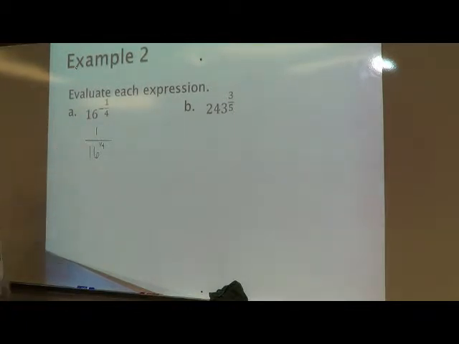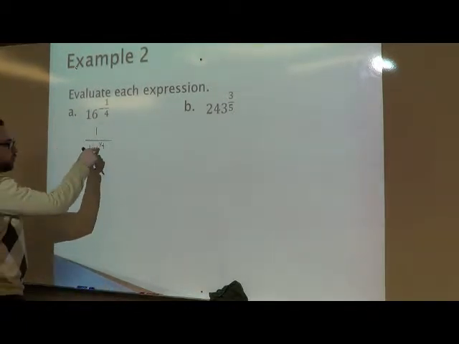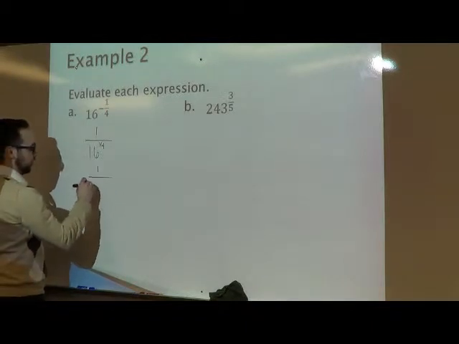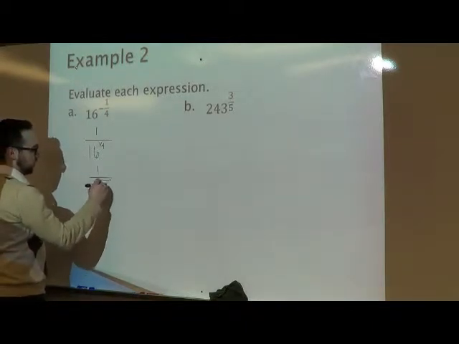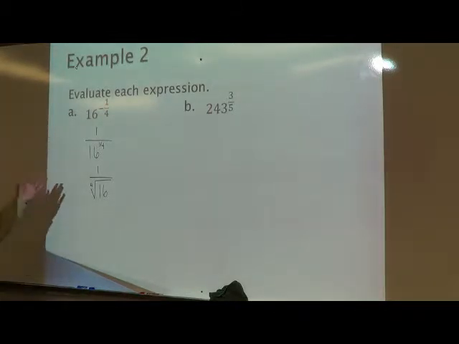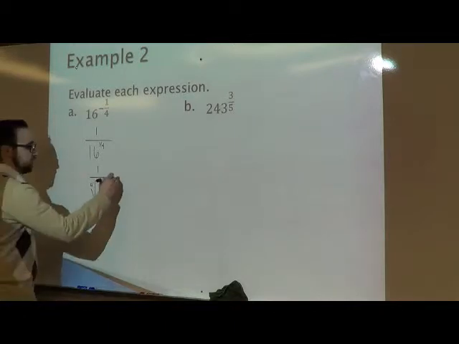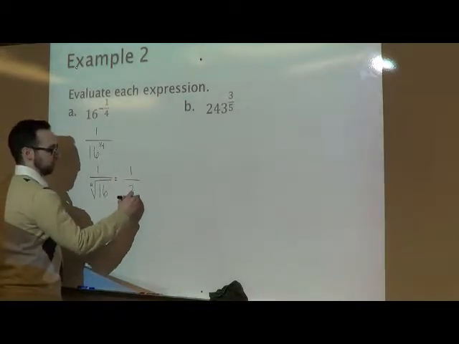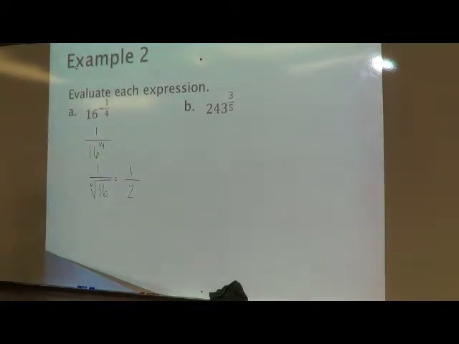So now I have 1 over 16 to the 1/4 power. Well, that 1/4 tells me I want to take the 4th root of 16. What is the 4th root of 16? We're looking for something that multiplies by itself 4 times to get 16, and that's going to be 2. So this will finish off being 1/2.